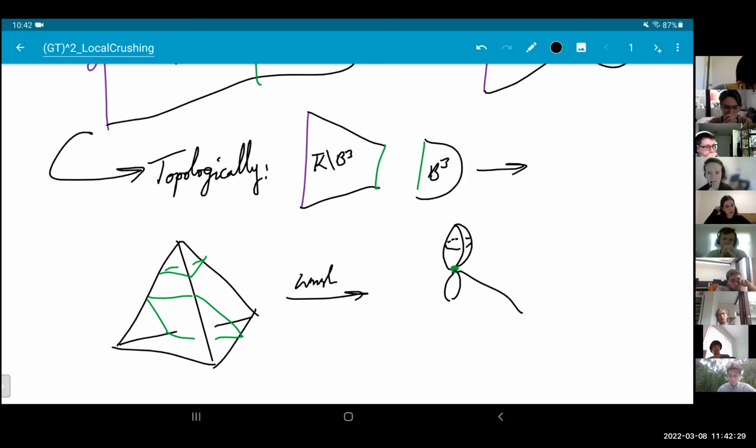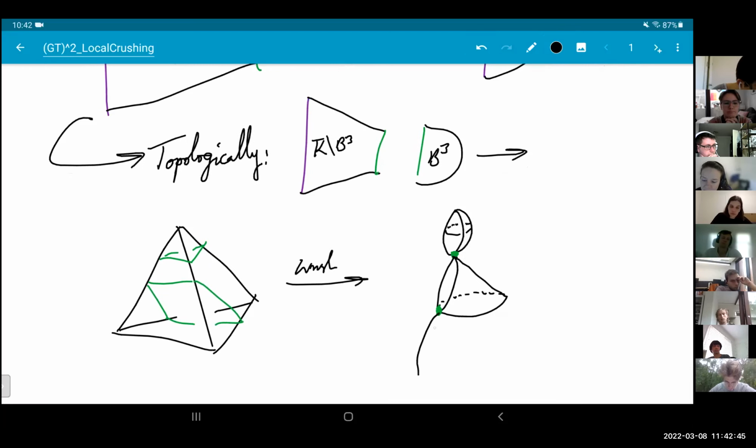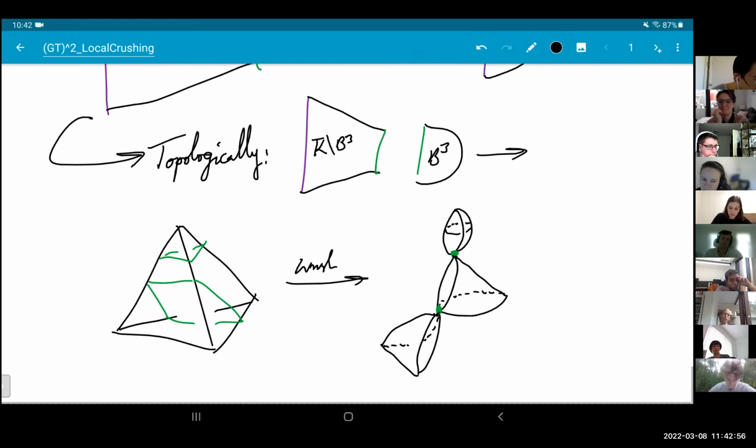Something like this. Anyway, the point is, this is not a triangulation. So we've done some bad things, okay? By the way, this is supposed to say crush.